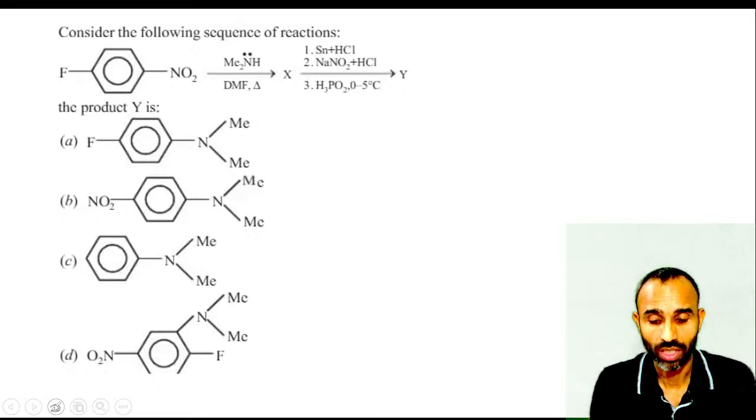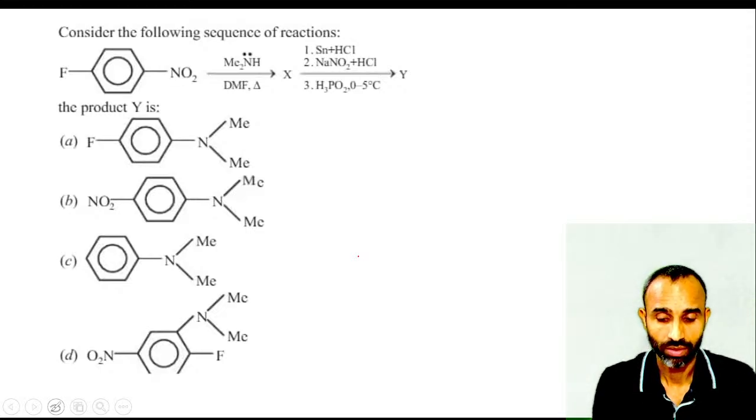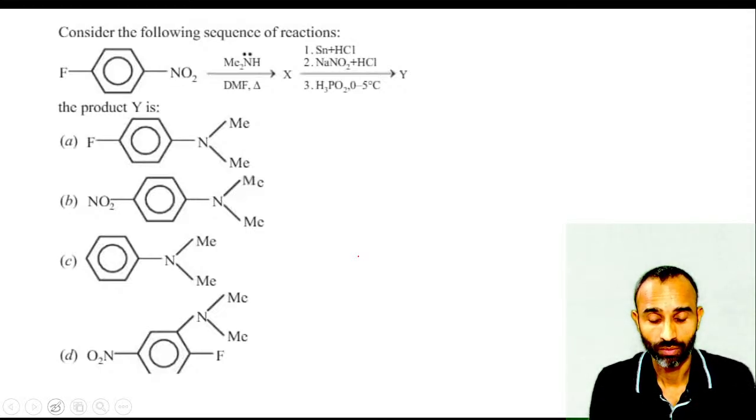So these electron withdrawing groups decrease the electron density on the ring, and therefore the attack of the nucleophile will be enhanced. It means the nucleophile can attack, right?